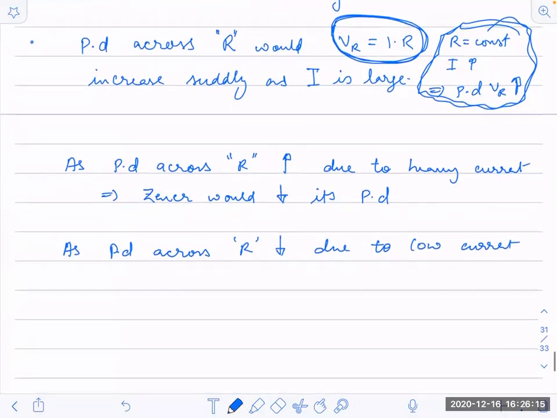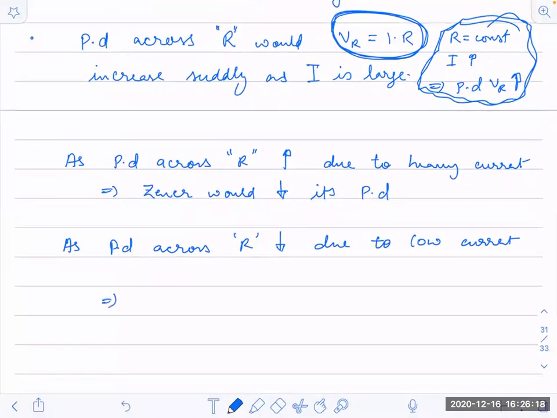The current value I across the Zener decreases. This implies the voltage, this increase and decrease in the potential of the Zener diode is occurring, and that's why a constant potential is maintained. Is it okay? If you have any doubt now, you can ask.